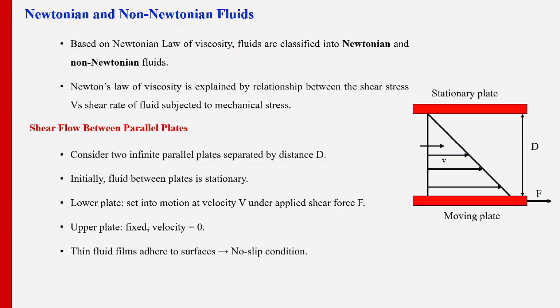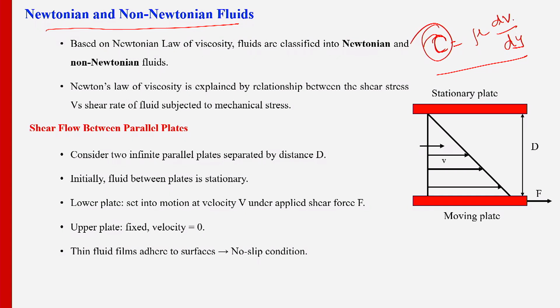Here we will discuss the difference between Newtonian and non-Newtonian fluids. We already discussed tau equals mu of dV by dy. Newton's law is a very famous law, where tau is the shear stress and dV by dy is the velocity gradient, which we write with an exponent n.